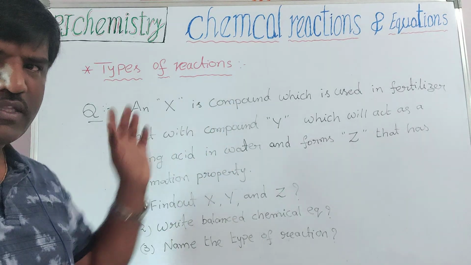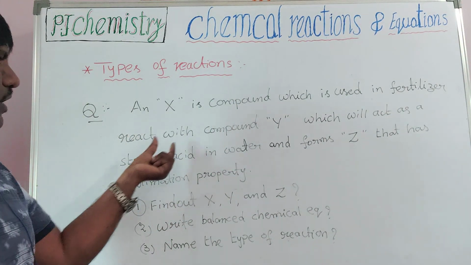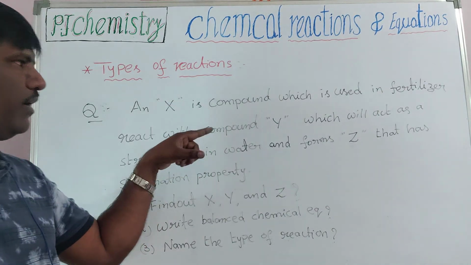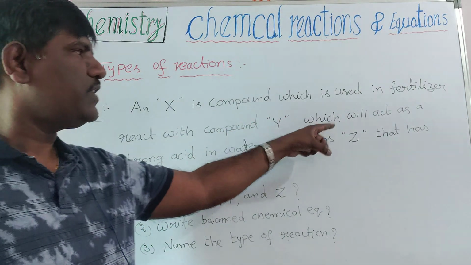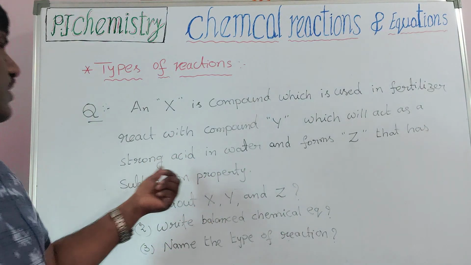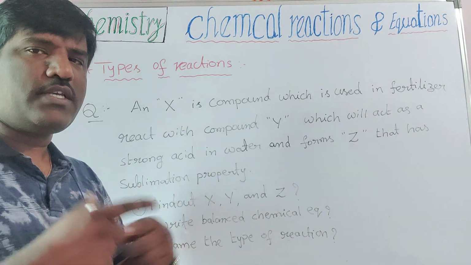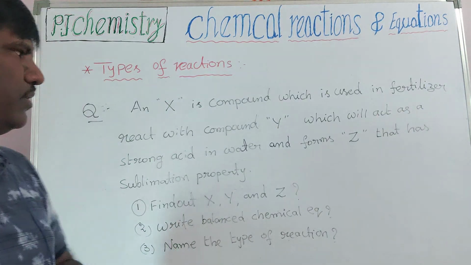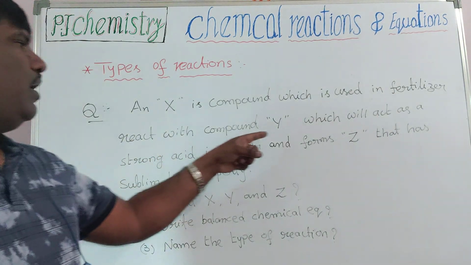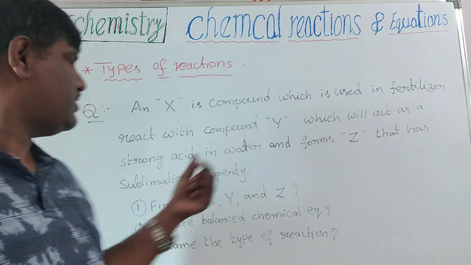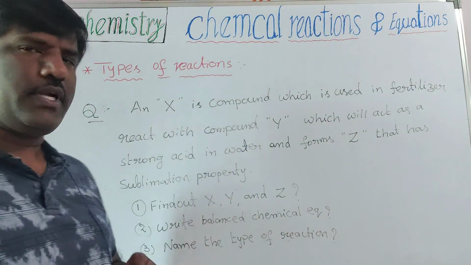They will give a hint like this. X reacts with the compound Y. Compound Y will act as a strong acid in water, and forms Z that has sublimation property.